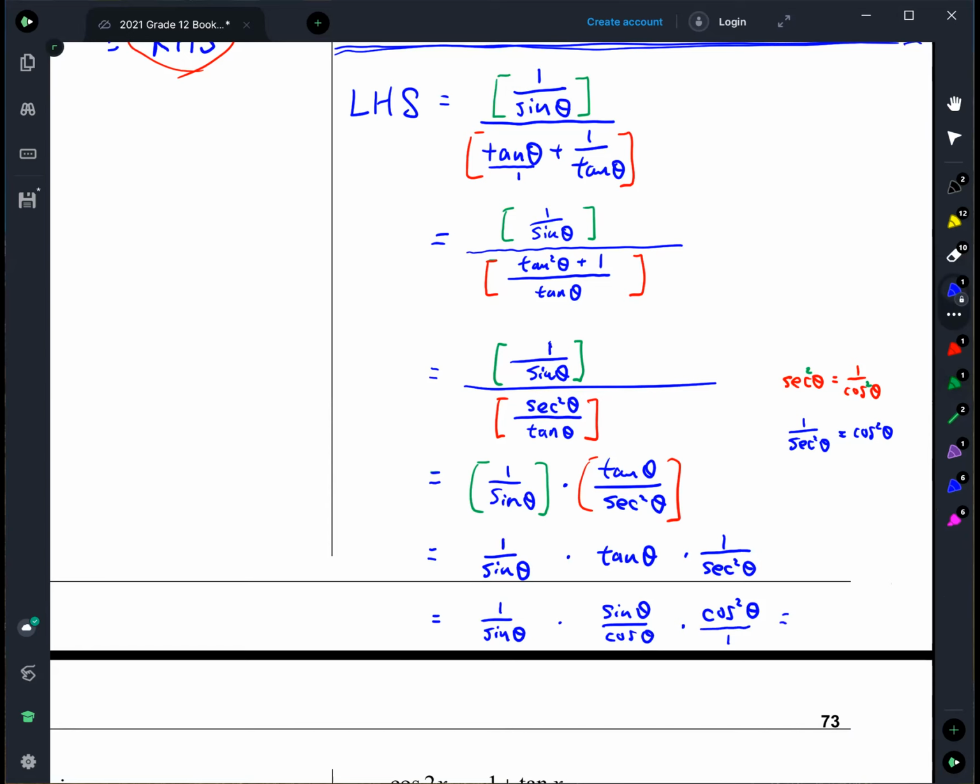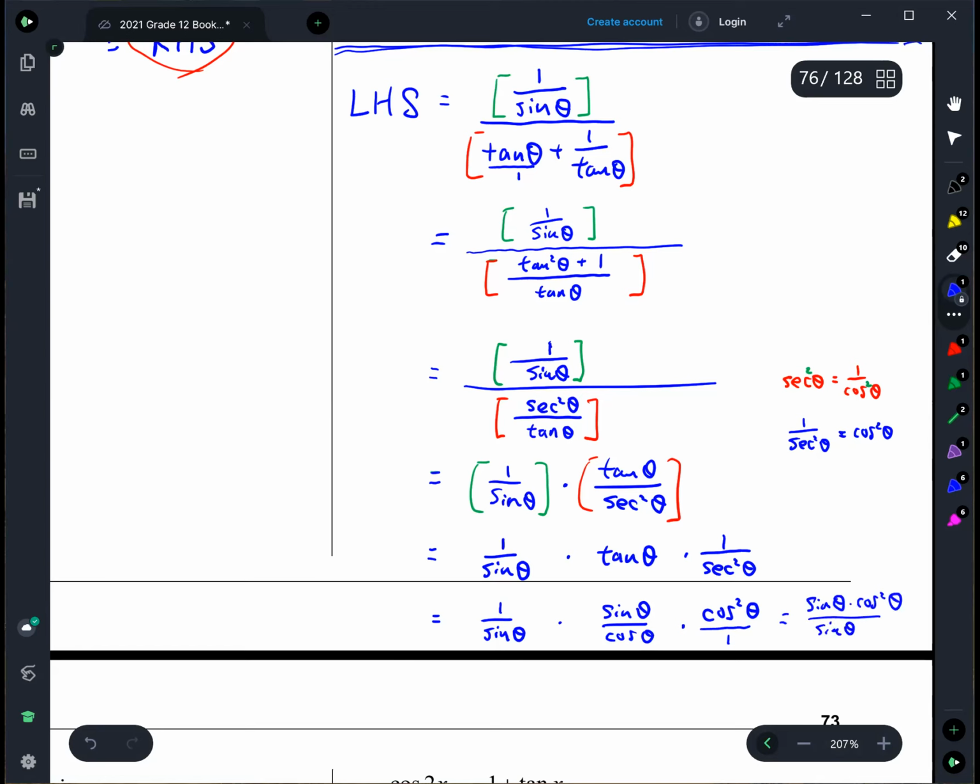So then it should be 1, it should be sine theta, then plus cosine squared theta times cosine squared theta over sine theta times cosine theta.